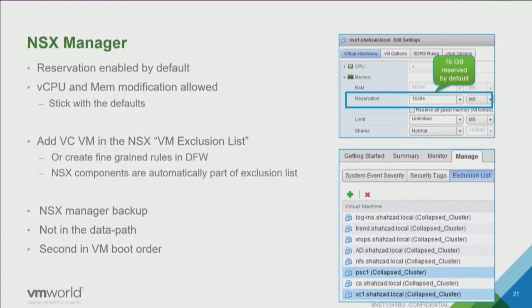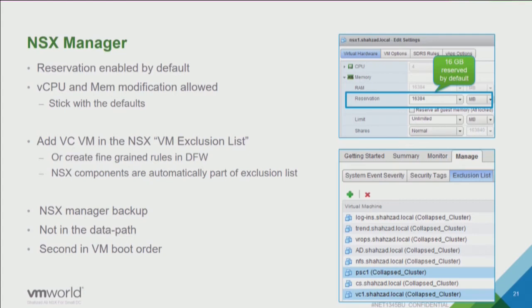Looking at this slide, our NSX Manager has 16 gigs of memory reserved by default. That means we're literally going to take 16 gigs of memory from that host, and we're not going to let any other virtual machines use it. That is dedicated to that NSX Manager. It's reserved, right? So it's important that we understand how many resources we have in a cluster and how much we're guaranteeing to our virtual machines.